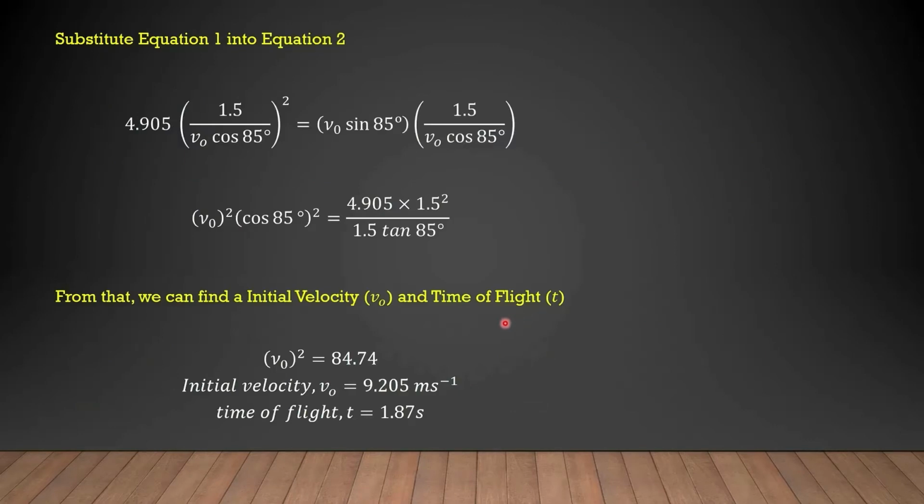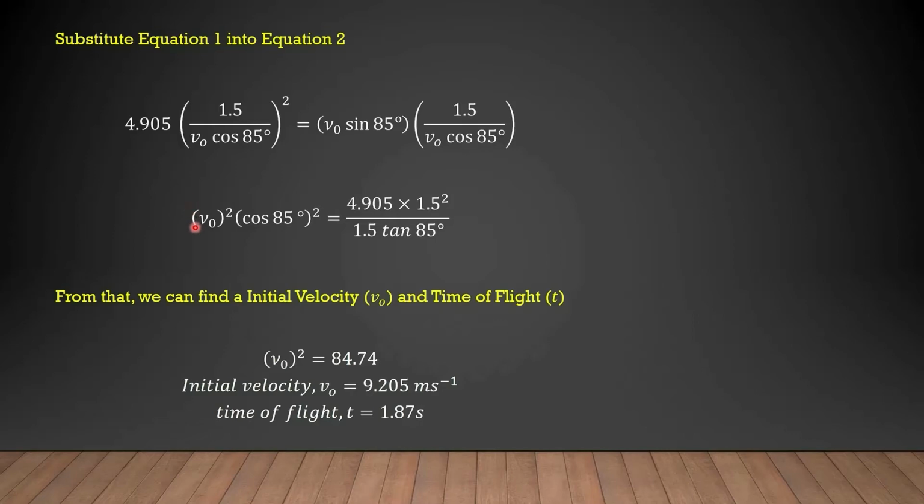So we can substitute equation 1 into equation 2. So we got 4.905 times (1.5 divided by V0 cos 85 degrees) squared equals V0 sin 85 degrees times 1.5 divided by V0 cos 85 degrees.